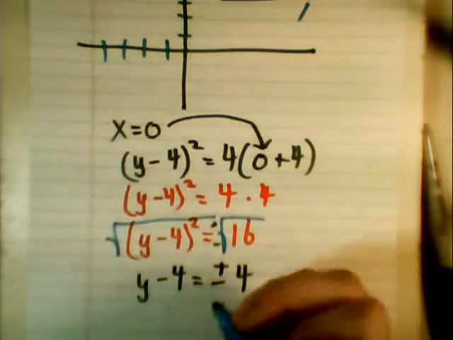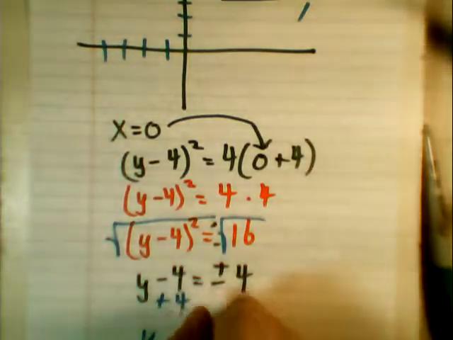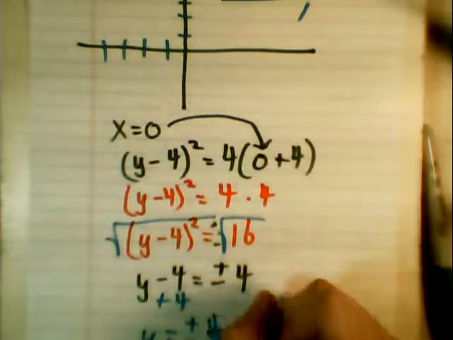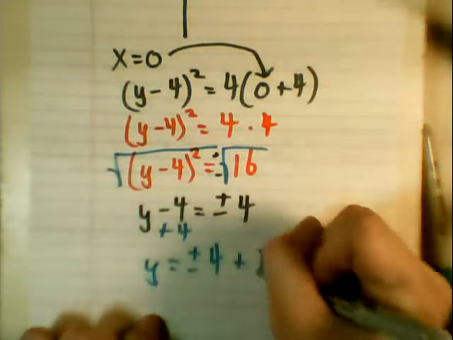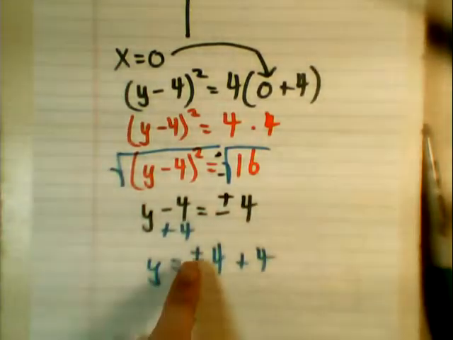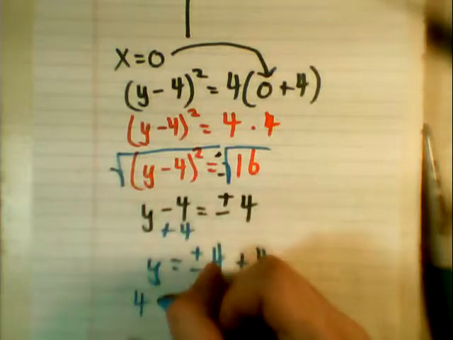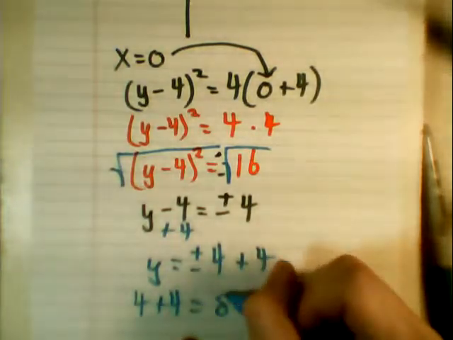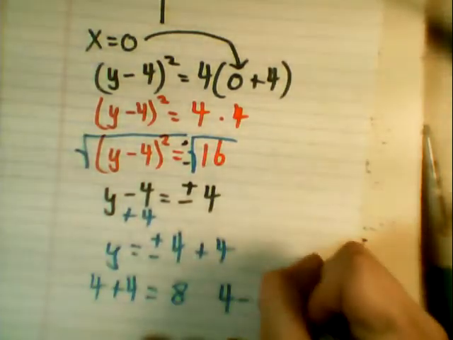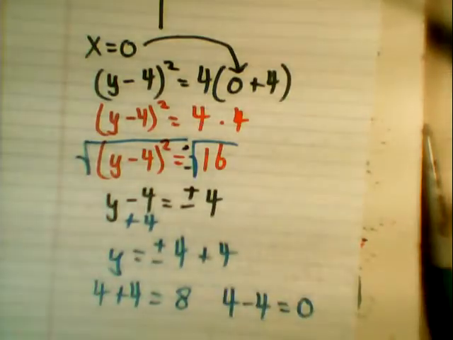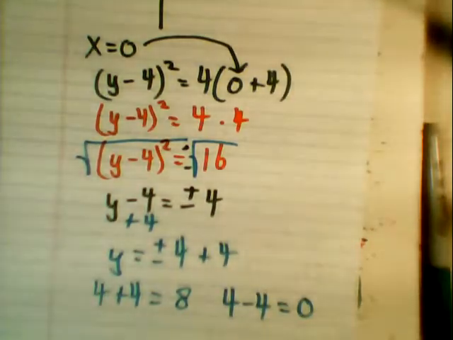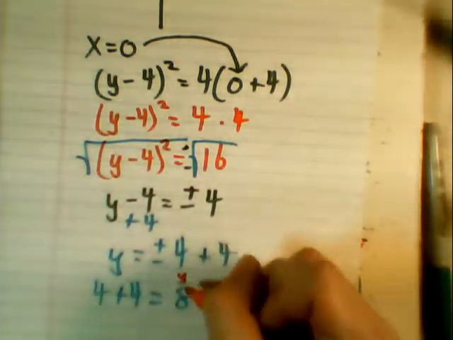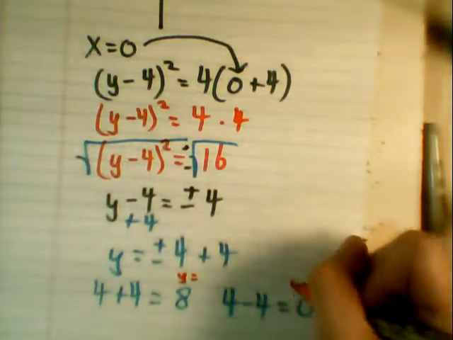Lastly, let's add 4 to the other side. So we get y equals plus or minus 4 plus 4. Let's break that up into the positive and negative. So we have 4 plus 4, that equals 8. And we have 4 minus 4, and that equals 0. So when x is 0, y is 8, and y is 0.